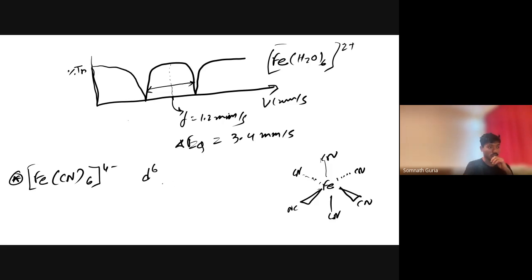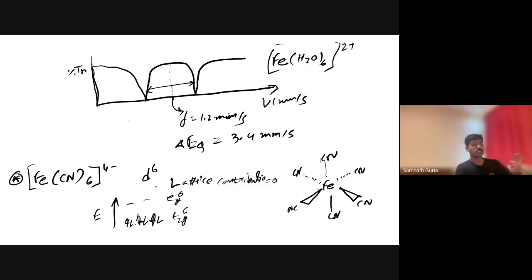In that case, similarly, we have a lattice contribution equal to 0. Now, how will my electron distribution be? As CN is a strong field ligand, we have a filled T2G6 level. In all directions we have a similar electron density.